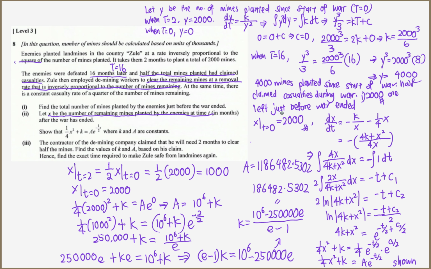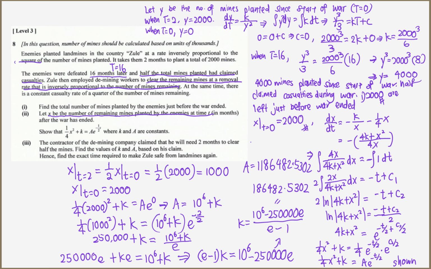We know that the amount of mines remaining at the end of the war was 2000, so half of 2000 means in 2 months the amount of mines remaining would be just 1000.